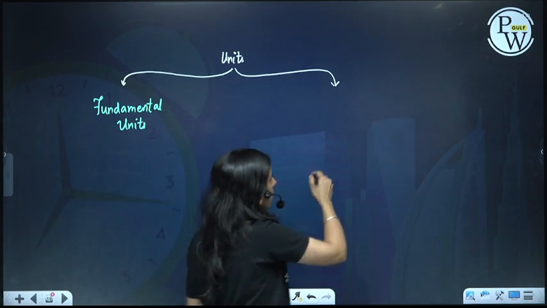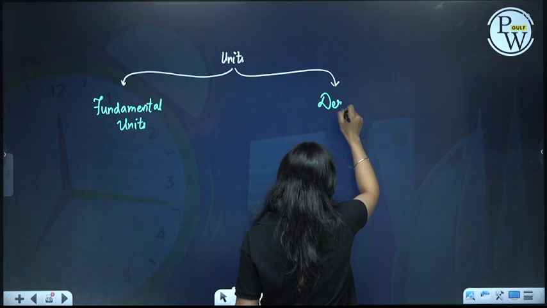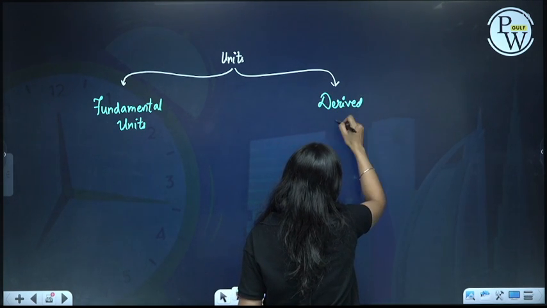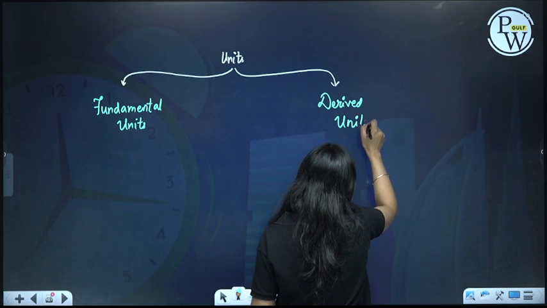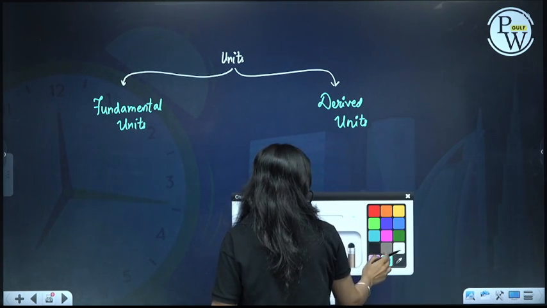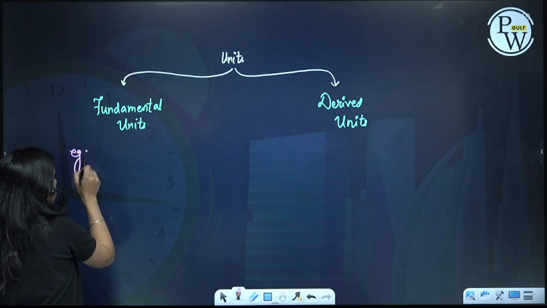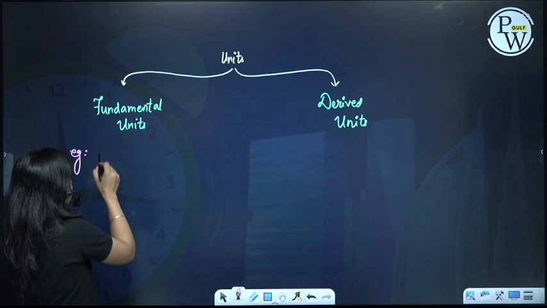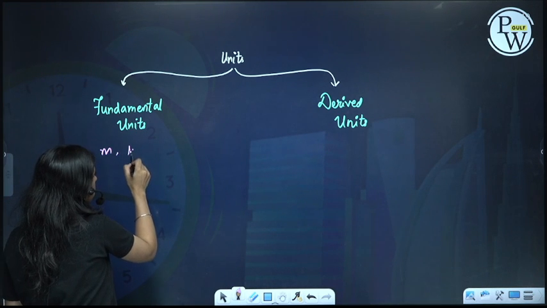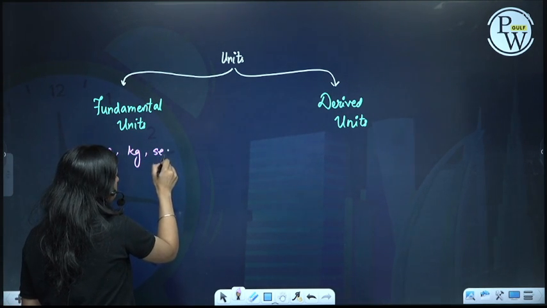The units which are used to express fundamental quantities are called fundamental units. Examples are meter, kilogram, second, etc.